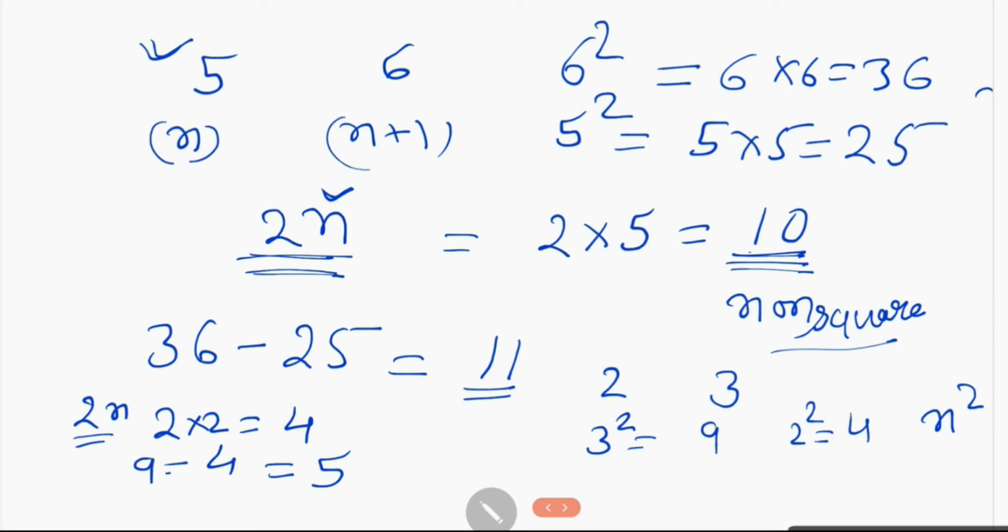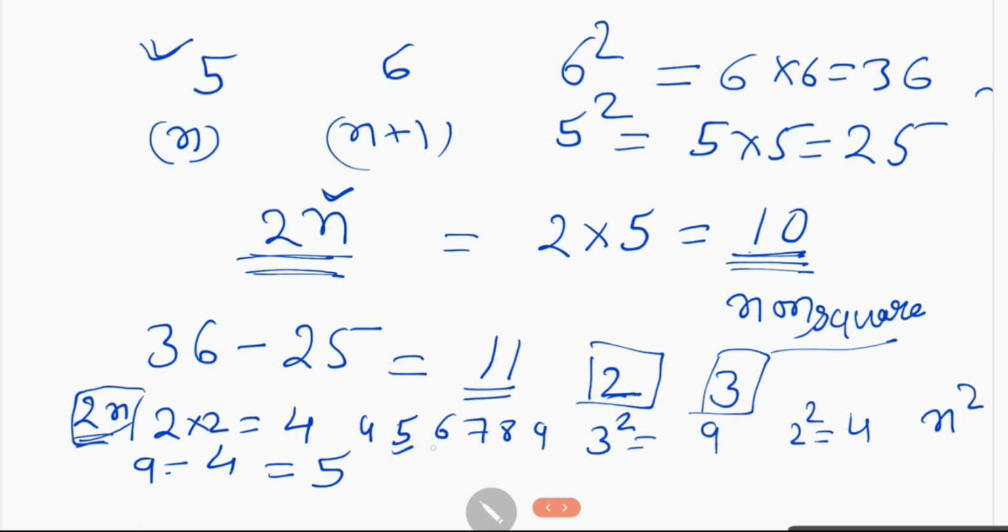You can check: 5, 6, 7, 8 are the numbers between 4 and 9. 1, 2, 3, 4. There are 4 non-square numbers between the squares of 2 and 3.